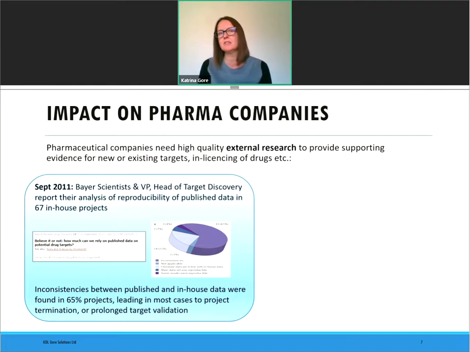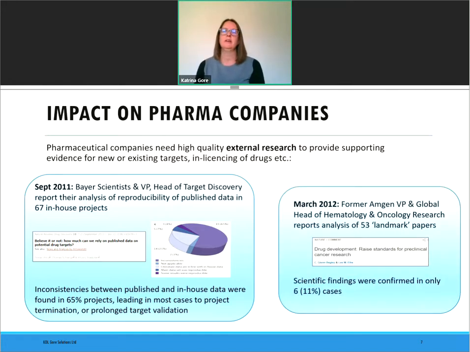And they found inconsistencies between published and in-house data in 65% of those projects. The following year, Amgen reported an analysis of 53 landmark papers that were important to them in their oncology research. And the scientific findings were only confirmed in 6, so 11% of the cases.